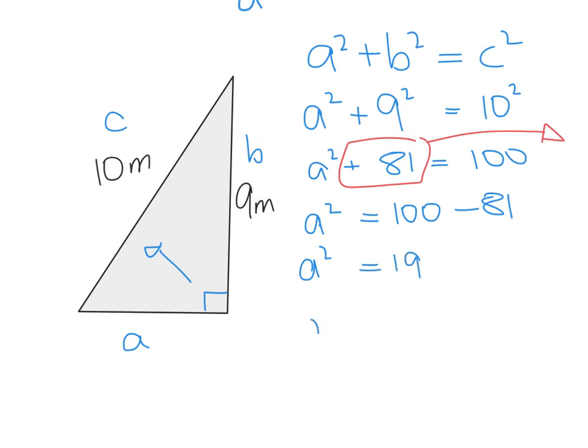And then all I have to do is find the square root of 19 to figure out what A is. So square root 19 gives me 4.35, which is going to round to 4.4. And again, because my units here are meters, my answer must also be in meters.